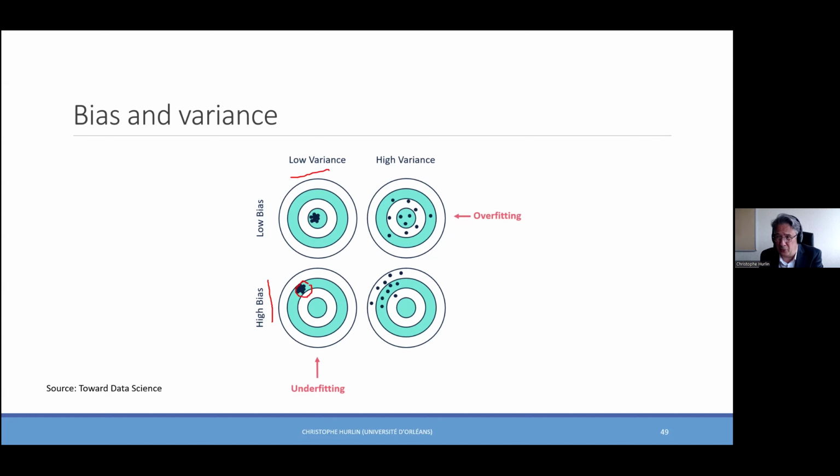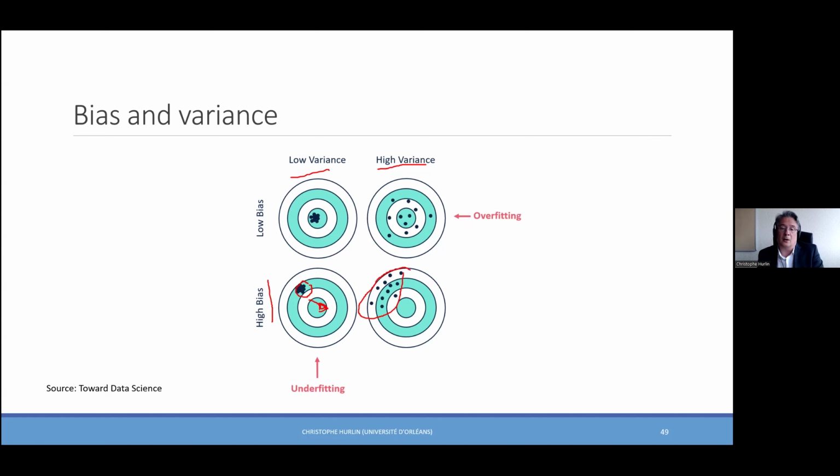A model with a high bias and low variance means that you have a small dispersion of your forecasts, but your forecasts are far from the true value that you want to forecast. And the worst estimator or model is a model with high variance and high bias, because not only do your forecasts have a high variance, but they are also far from the true value.